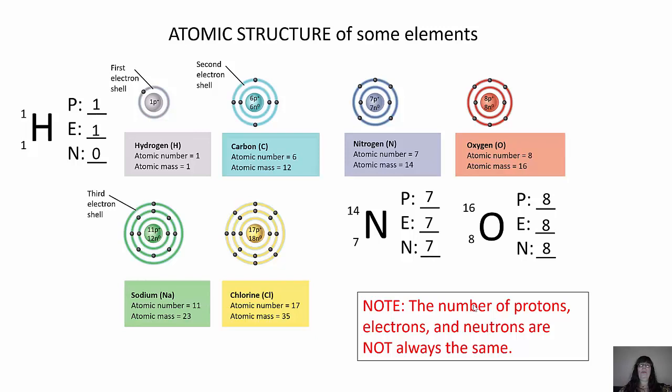And then to figure out the number of neutrons, you just take 23 minus 11, which is 12. So you've got 11 protons, 11 electrons, and 12 neutrons for sodium. For chlorine, atomic number is 17, atomic mass is 35. So you've got 17 protons, which means you have 17 electrons, and then you subtract 17 from 35, and you get 18 neutrons.